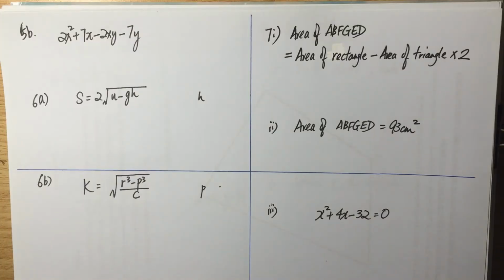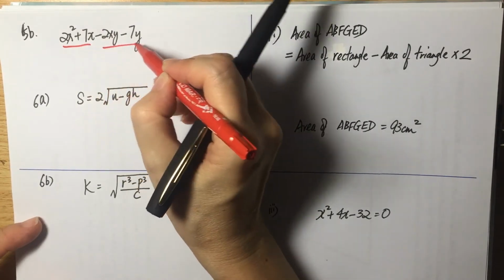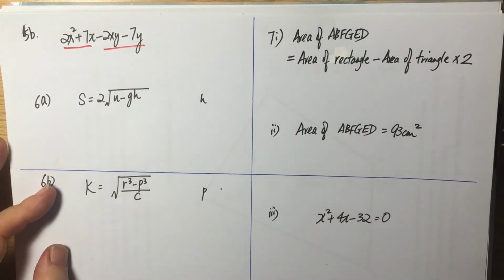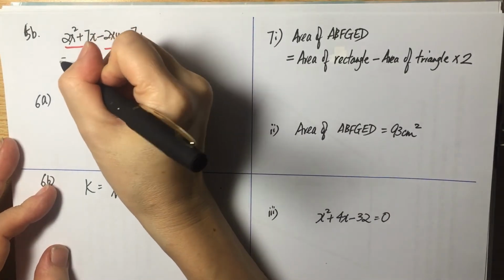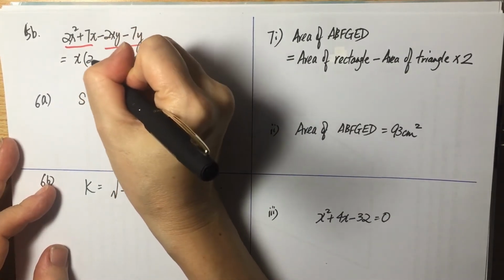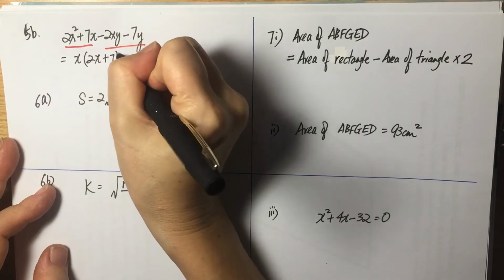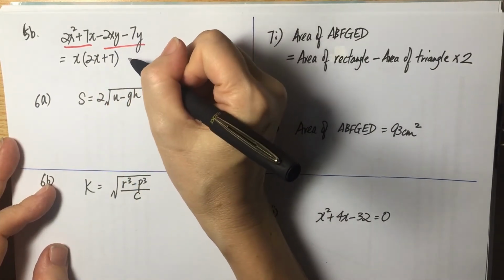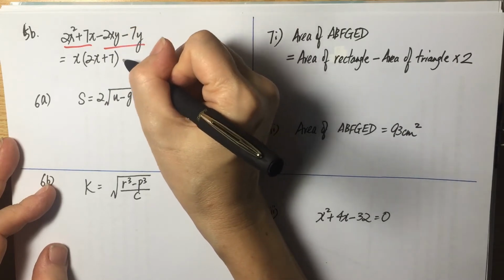Question 5b, I want to factorize. Okay, 4 terms again. So I'm going to group 2 by 2. For the first 2 terms, the common factor is x. So I take an x out, I get 2x plus 7. If I have 2x plus 7 as a factor, that means the other one may have 2x plus 7.